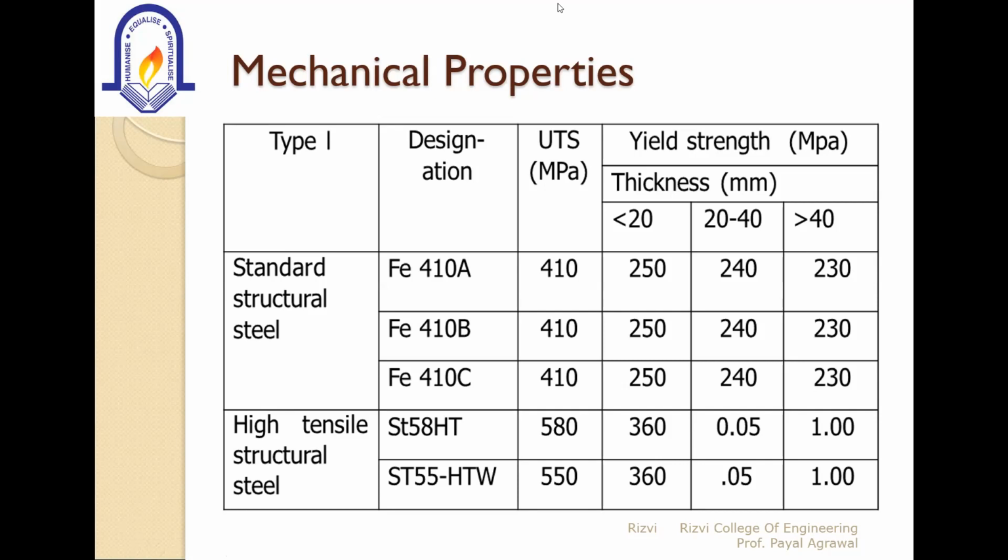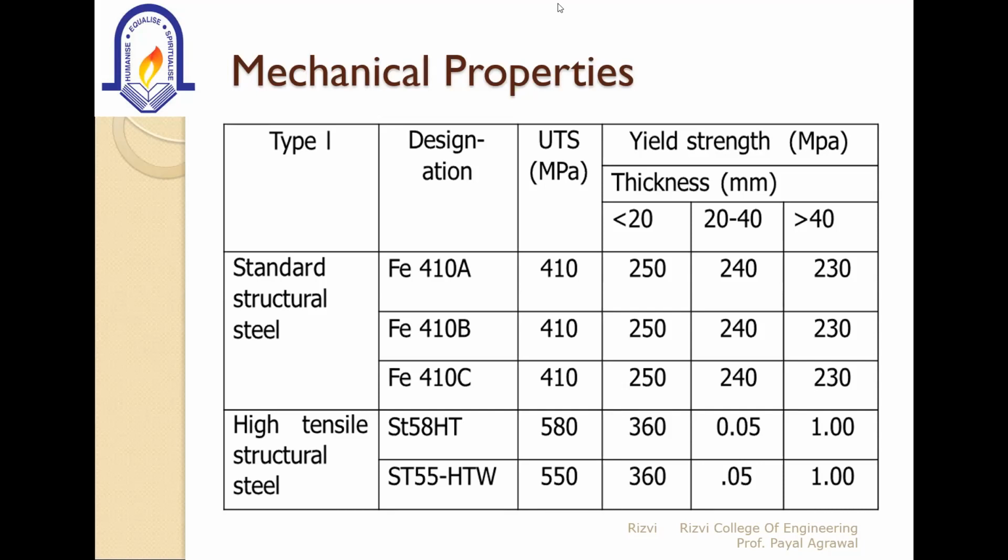If the thickness is between 20 to 40, the yield strength is 240, and if it is greater than 40, the yield strength is 230. Like this again for Fe410B and Fe410C, so for the three grades you have different yield strengths depending upon the thickness.